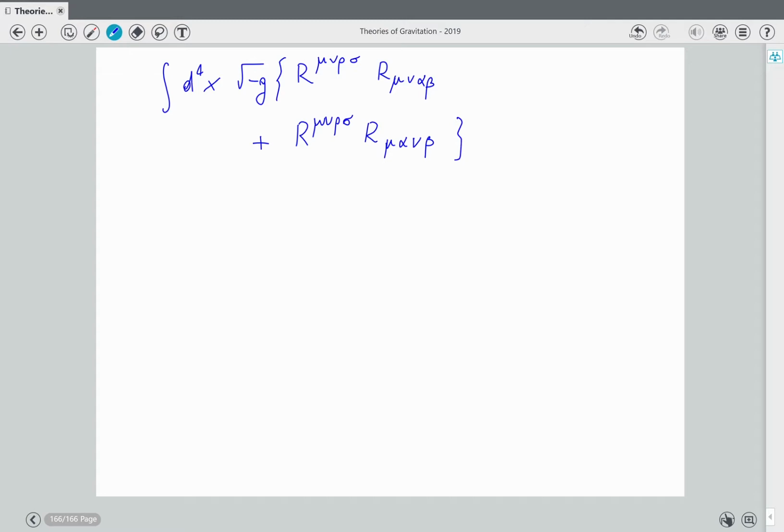So now we don't have many possibilities, because here rho must be contracted with one of the other two.